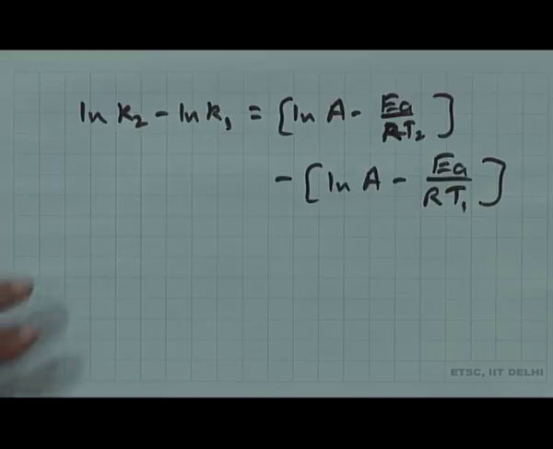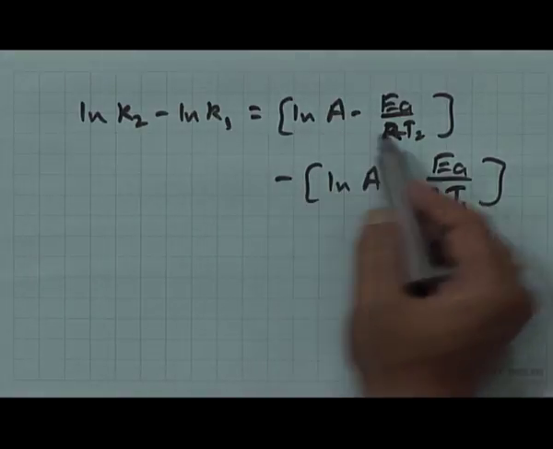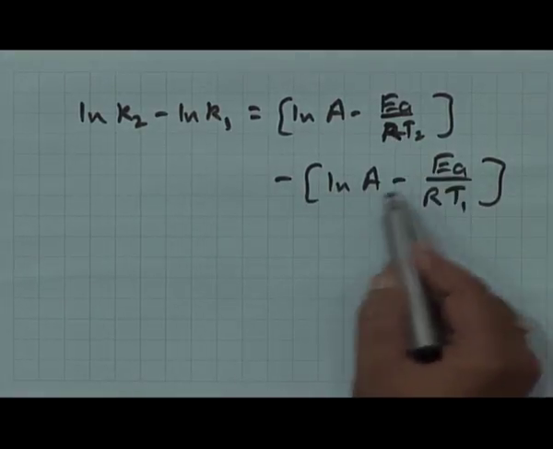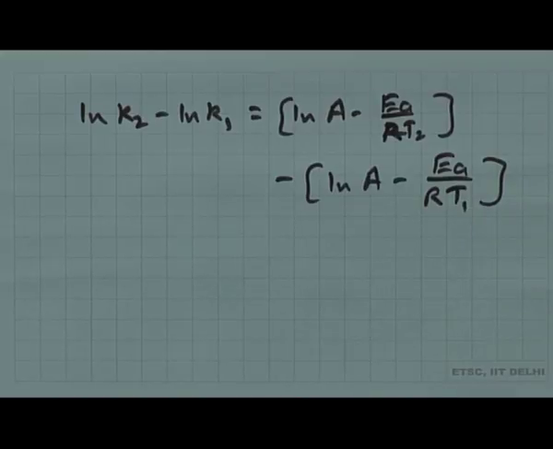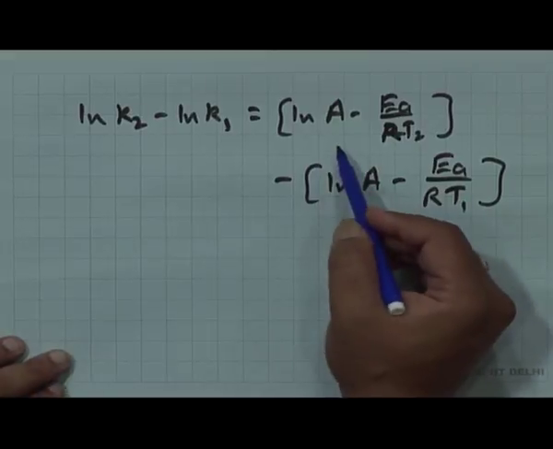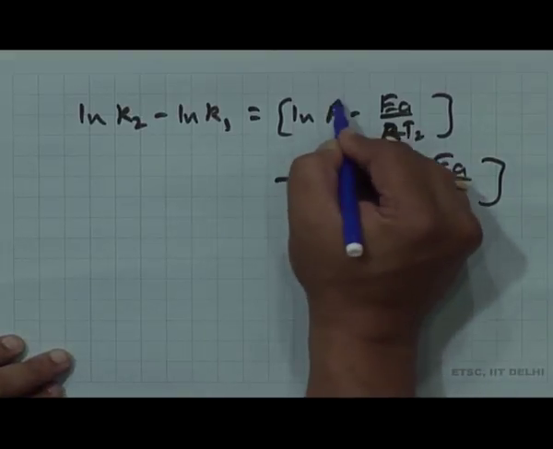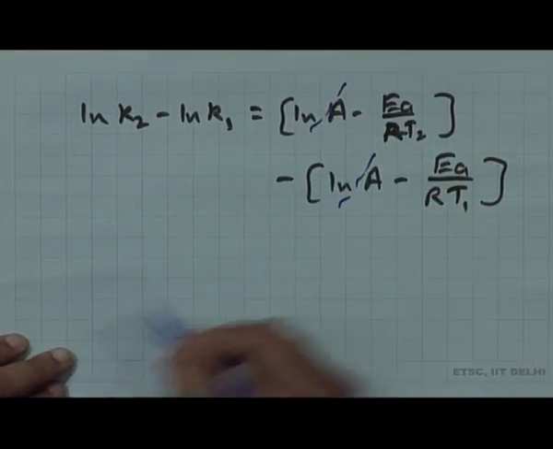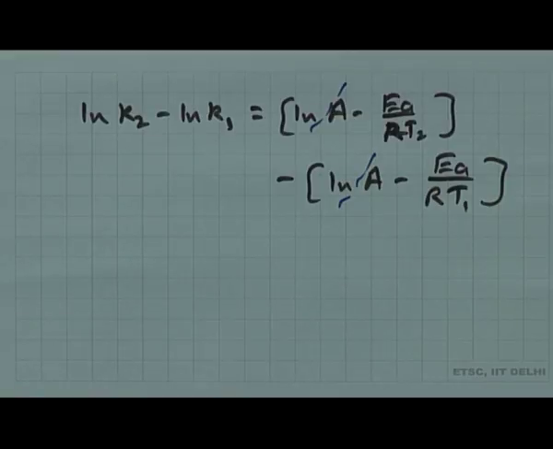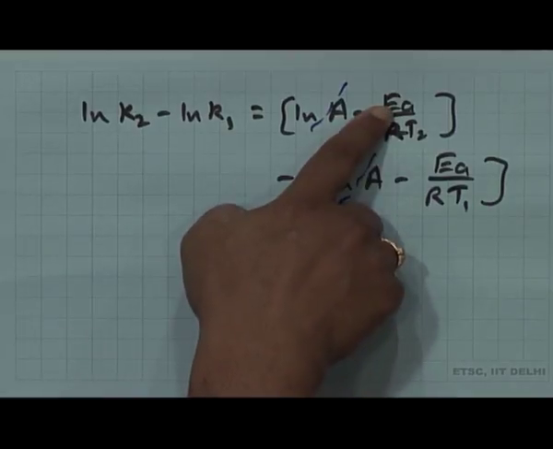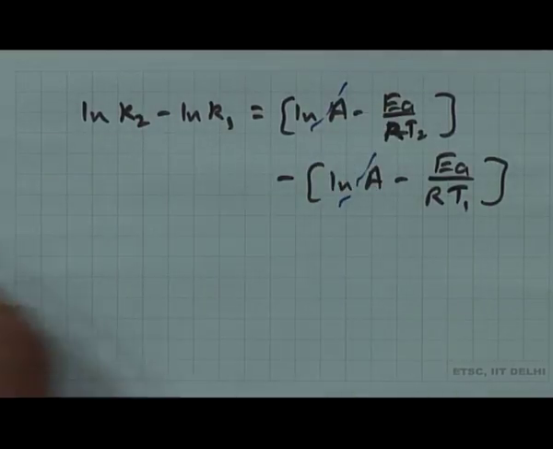Okay, so these are RT1. Once we have this, you can immediately realize that ln A will cancel out. Why? Because A is a constant anyway, it did not change with temperature, and Ea is also constant, it is independent of temperature, we said, assumption.